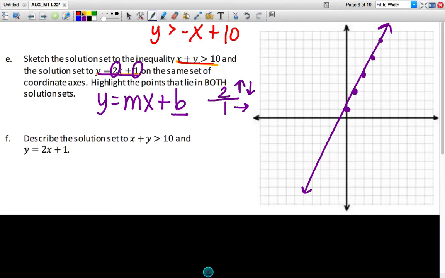Again, I start with my y-intercept, which is 10. 1, 2, 3, 4, 5, 6, 7, 8, 9, 10, that top dot. And my slope is negative, with an understood 1 there, so negative 1 over 1. Which means from this red dot, I'm going down 1 since it's negative, and over 1. Down 1, right 1, and so on and so forth.